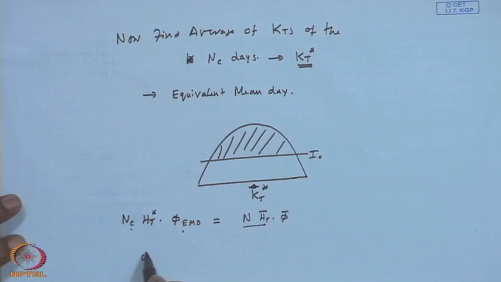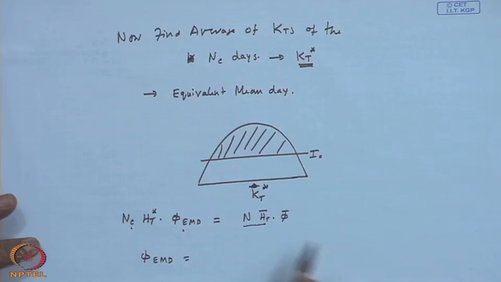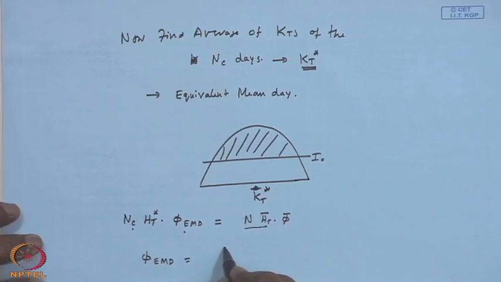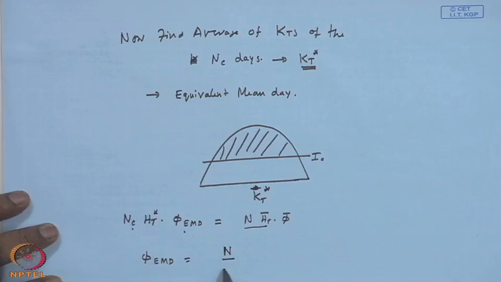So, now my phi EMD will be N by, sorry, what I want is phi bar.